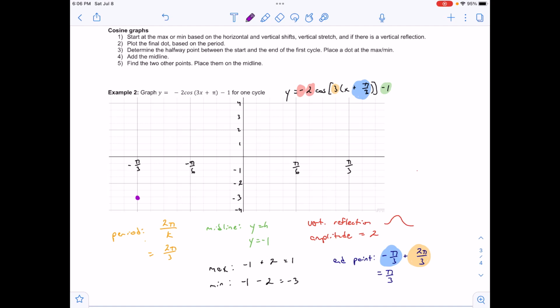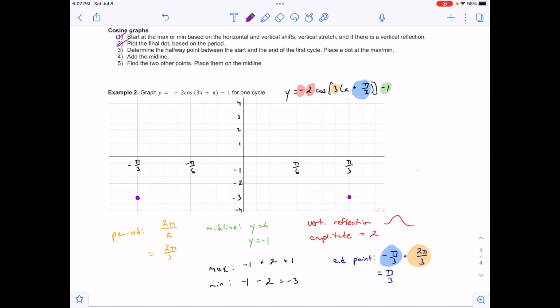I'm going to be starting right here. Now I need to place my final dot based on the period. We've determined that the period is 2π/3, and we're going to end up at π/3. Given the shape of the graph, I end at my min again. So at π/3, I land down here.